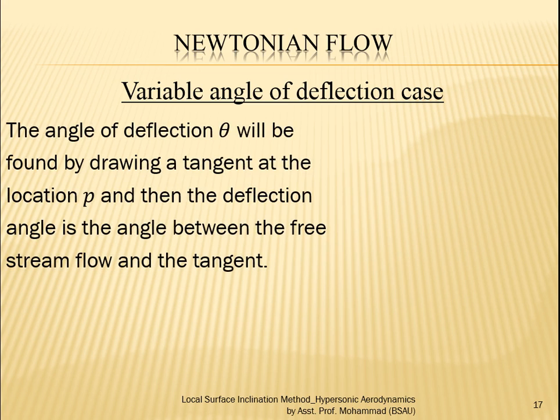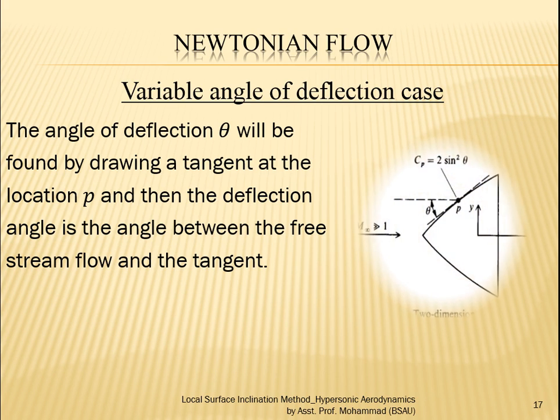But if the flow comes to a body where the angle of deflection varies, how do we go ahead? When the angle of deflection varies, we go for the local deflection. The angle of deflection theta is found by drawing a tangent at the location P, and the deflection angle is the angle between the free stream flow and the tangent. Take up the case here.